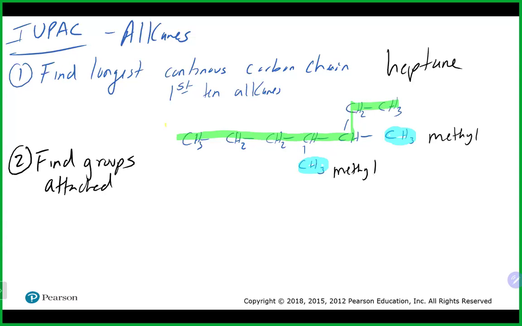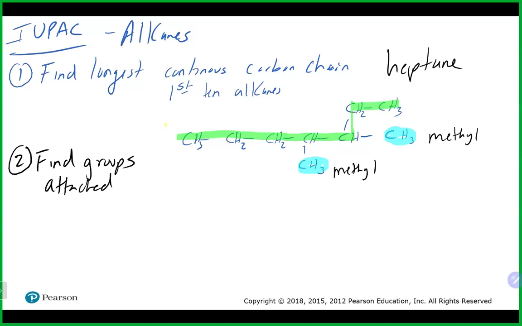Now, I happen to have, in this particular case, 2 of the same group in that molecule, right? So we do use prefixes when that happens, and the prefix for 2 is di, just like we did with naming, right? So di, tri, tetra for 4.